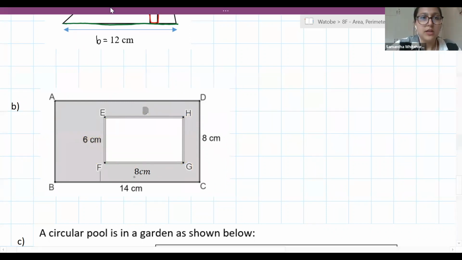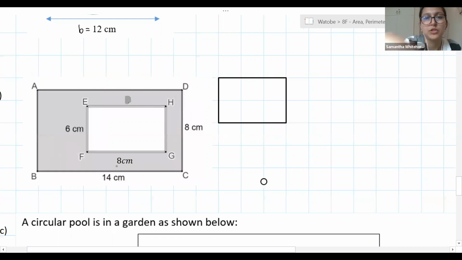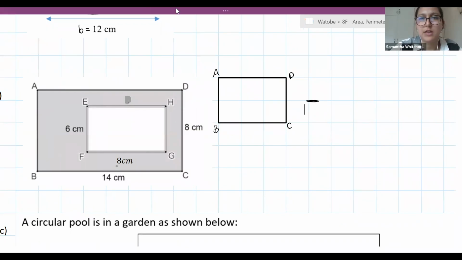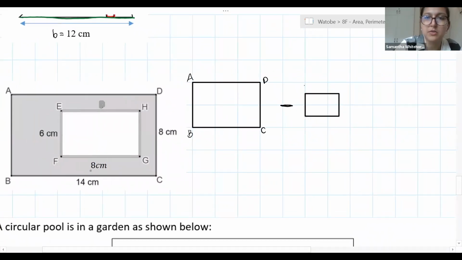I want to take the area of the big rectangle, which is A, B, C, D, and I want to subtract the area of the small rectangle, E, F, G, H. So if I can work out the big area and subtract the small area, I'm going to get the area of the shaded region. Well done, Luyolo. Very nicely explained.